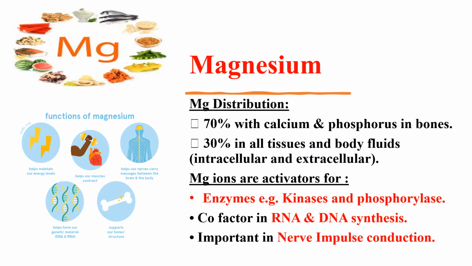And now moving to magnesium. 70% of magnesium is distributed together with calcium and phosphorus in bones. The other 30% is present in other tissues and the body fluids. It's very important for the activity of many enzymes like kinases and phosphorylases. These are very important enzymes in metabolism.